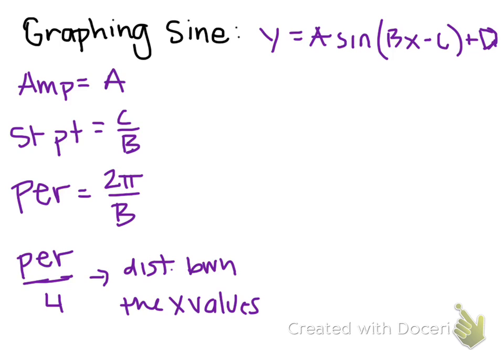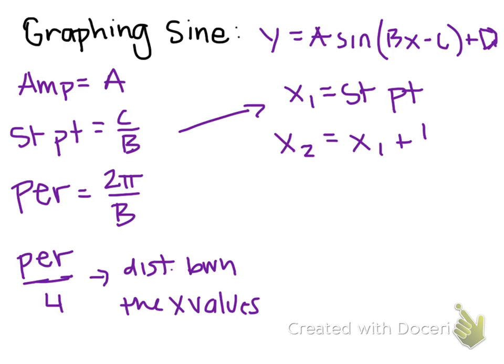So there's 5 specific x values that we find. Our x1 value is always going to be your starting point. So whatever you get for your starting point is our x1 value. To find the x2 value, you take the x1 value and you add whatever you got from the period over 4. And you're just going to continue this pattern for the remaining 3 values.